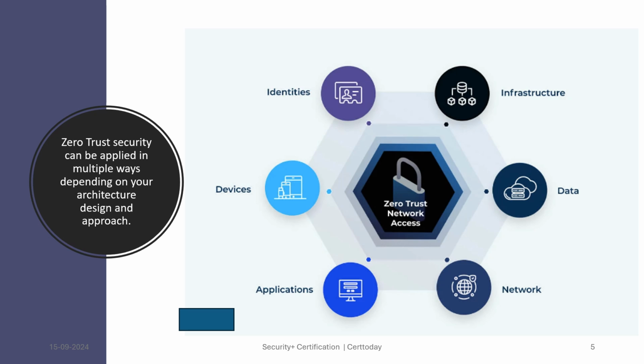As I just mentioned, zero trust security can be applied in multiple ways depending on your architecture, design, and approach. So if somebody comes to you talking about zero trust and where to start, if you look at this network, there are so many points. The recommendation again is that you start with identities.